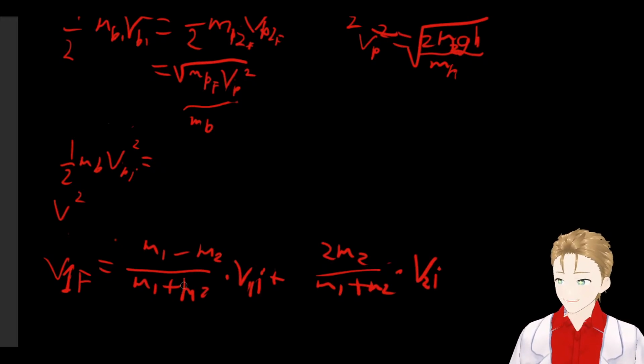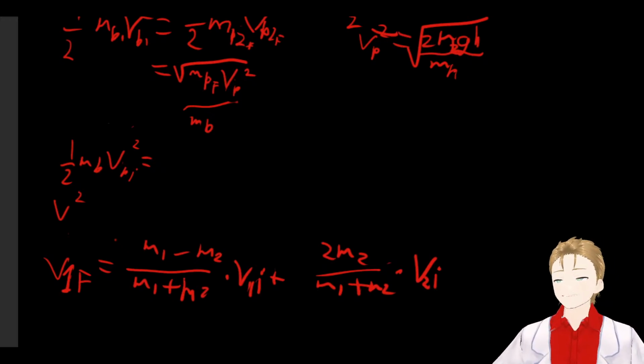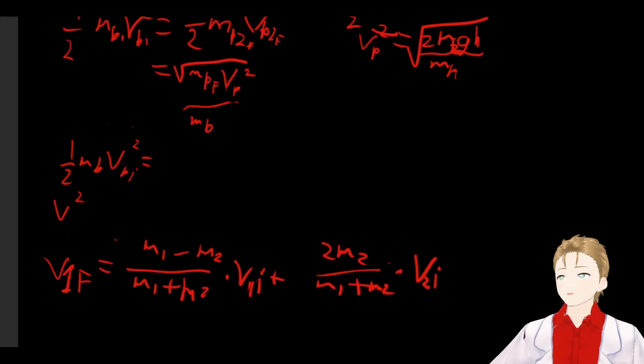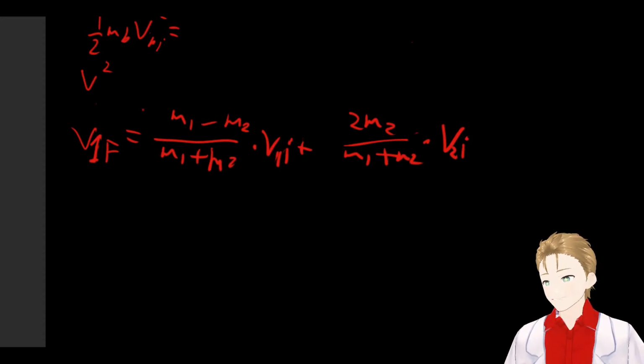V2i, plus m2 times v1 final, 2m2 over m1 plus m2 times 2v2i. Just zero it out. And we might flip those.